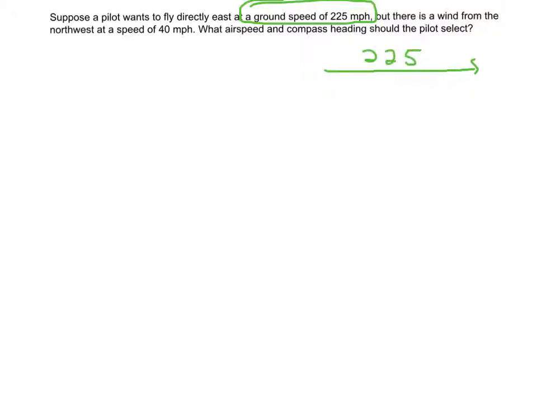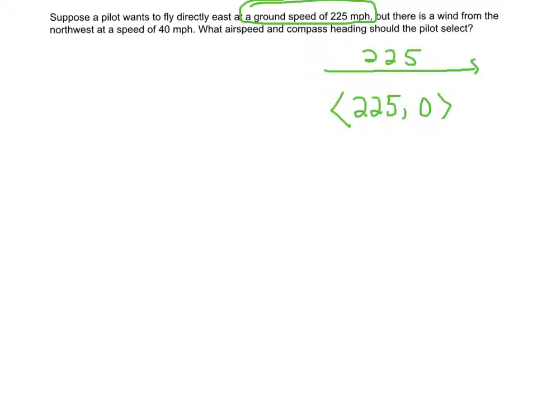What we have to do is figure out what two vectors were added together to give us that resultant vector. I know my resultant vector is going to have an x-coordinate of 225 and a y-coordinate of 0. So there are two different vectors acting together that will give us this resultant vector.